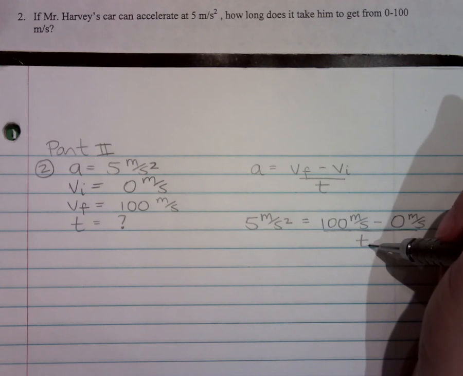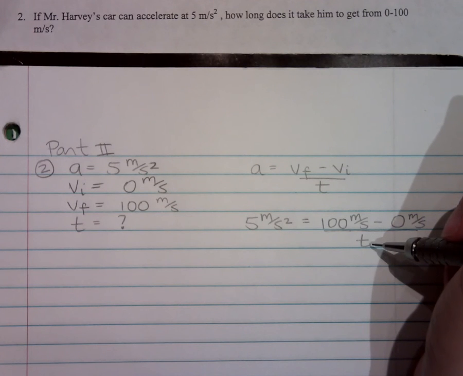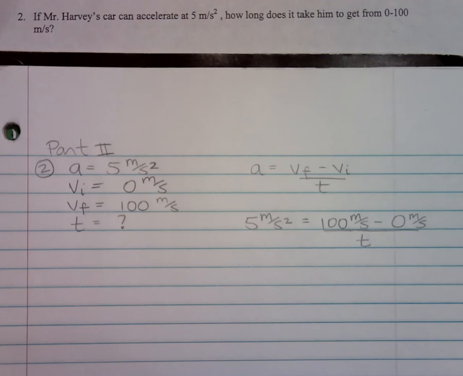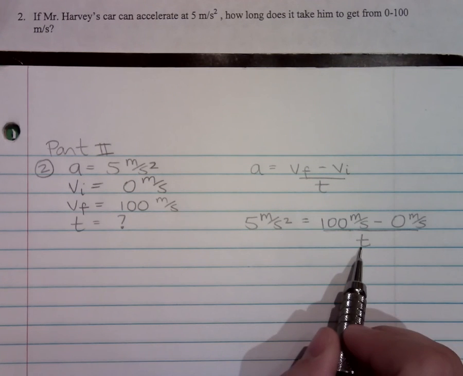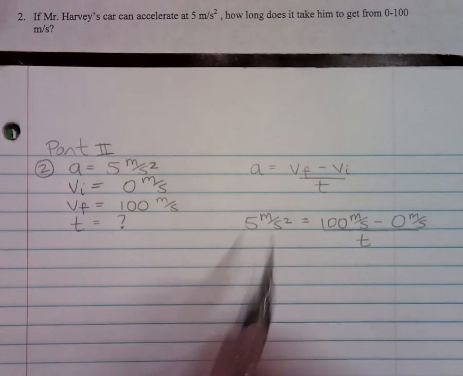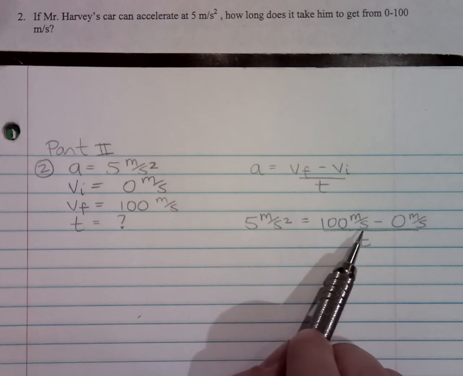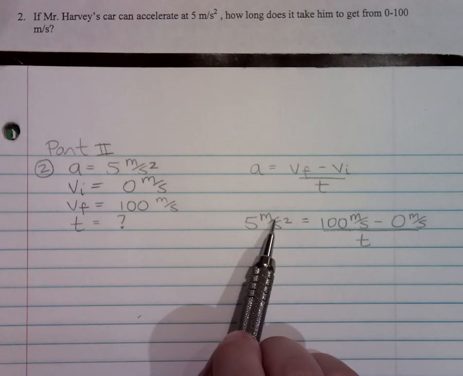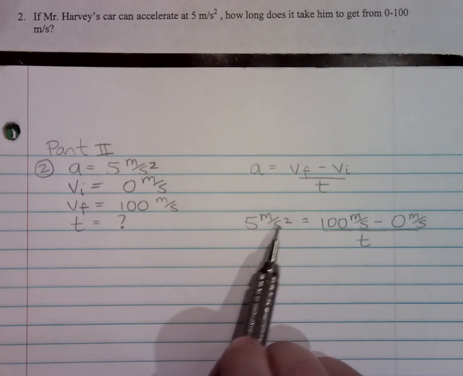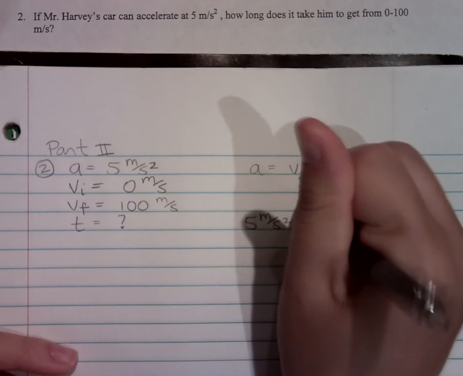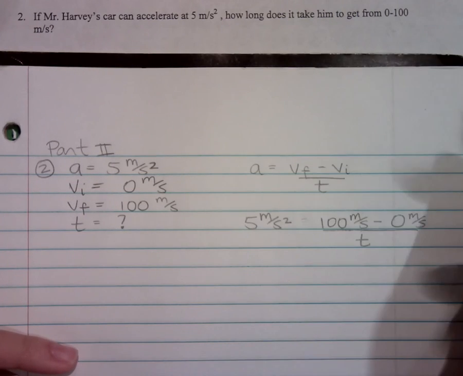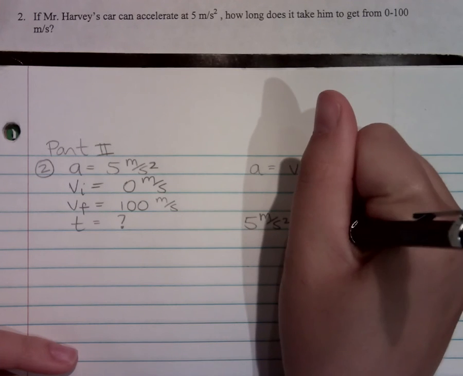So how can we get this t by itself? Well, if you guys remember, we talked about in class how to move this t if it's on the bottom and there's some other number here. So if you're trying to solve for something that's down here on the bottom and there's another number on the other side of an equal sign, you can erase the equal sign and instead draw a staircase.